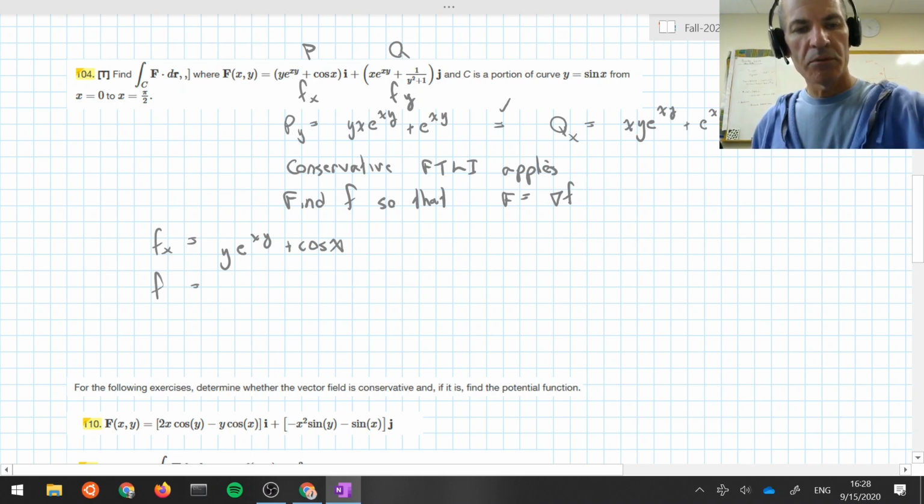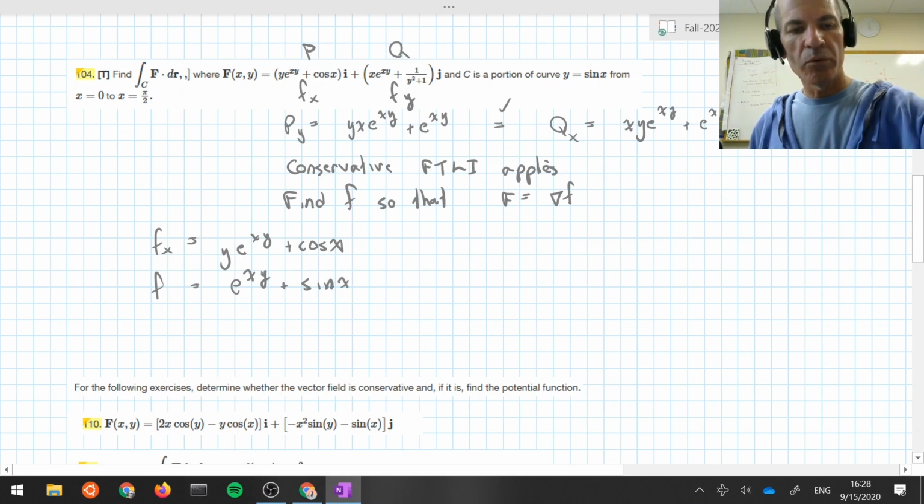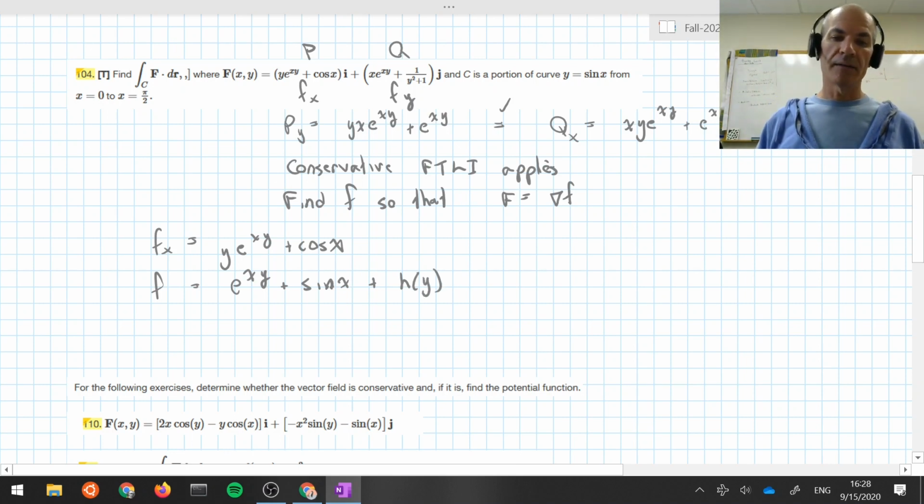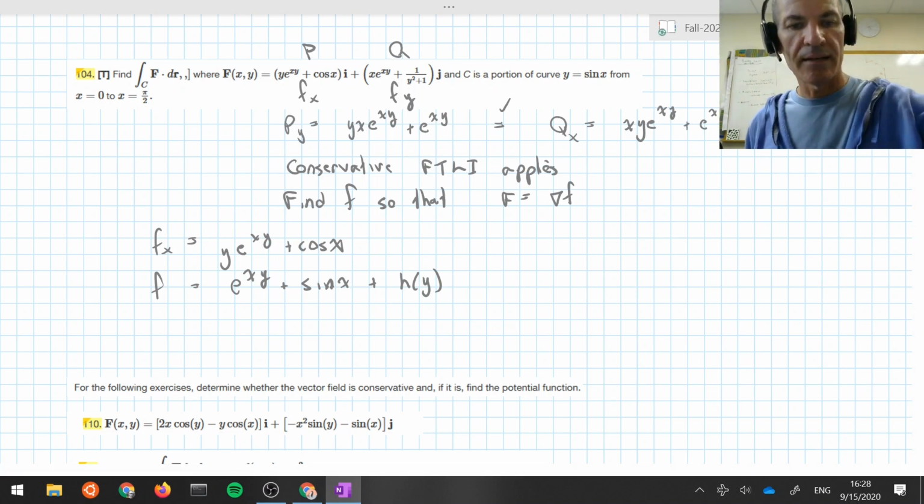Let's integrate that with respect to x. So integrating this with respect to x is just e to the xy. Integrating this with respect to x is sine of x. And then what do we have to do? We have to include a possible undetermined constant that depends on y because we anti-differentiated with respect to x. That's f.